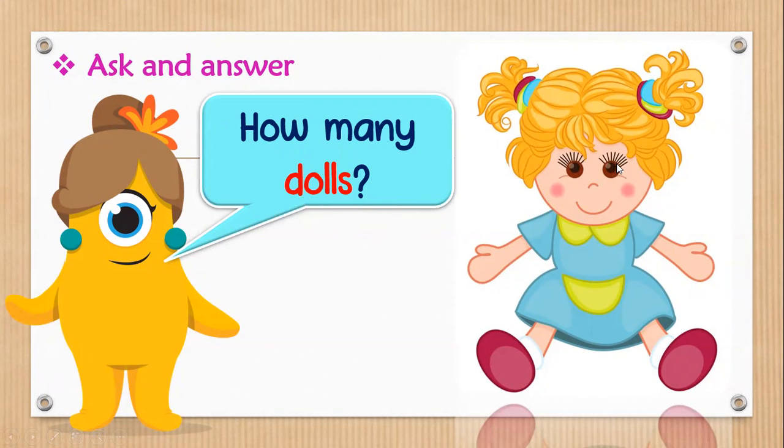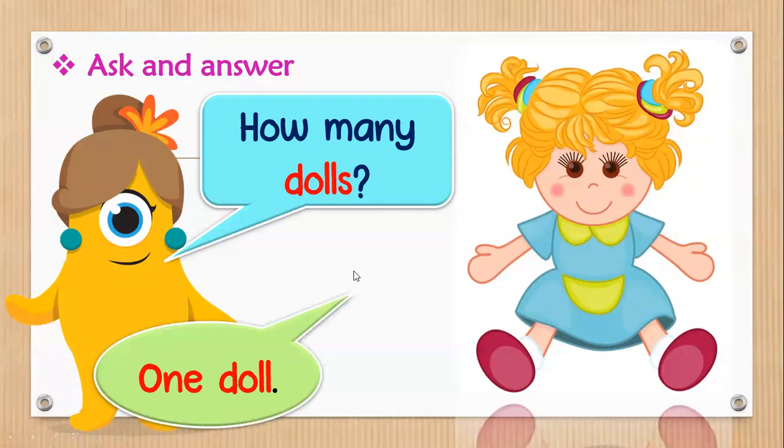We are using the plural, dolls. But you can say, Miss, here it's only one. Yes, but this is the question. And in the question, we use the plural. How many dolls? So who is answering that question? It says 1 doll.